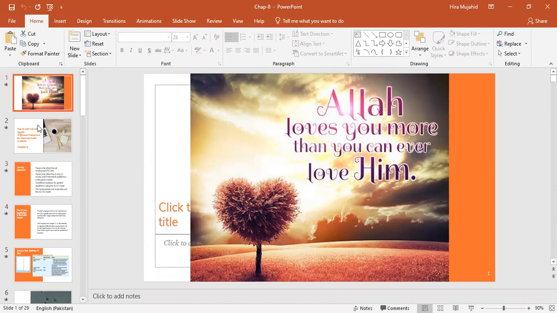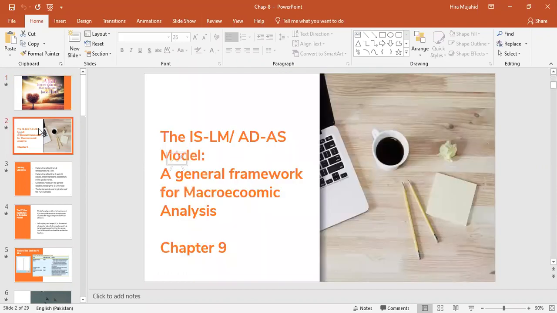Today we will discuss the IS-LM model, which is a general framework for macroeconomic analysis.